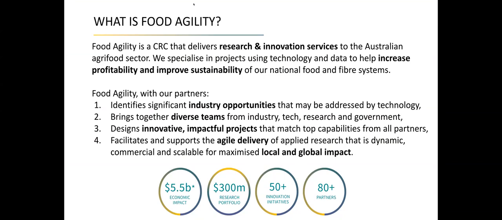Food Agility is a cooperative research centre, the CRC, that delivers research and innovation services to the Australian agri-food sector. We specialise in projects that use technology and data to help increase profitability and improve sustainability of national food and fibre systems. So we are a national body.